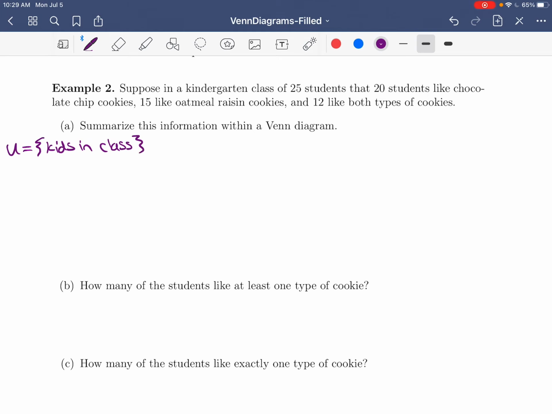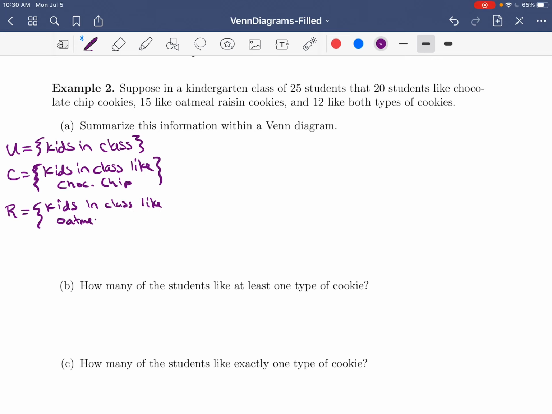Let's call it set C, the set of kids in the class that like chocolate chip cookies. I don't want to use O because O looks like a circle, so I'm going to use R for the kids in the class that like the oatmeal raisin cookies.